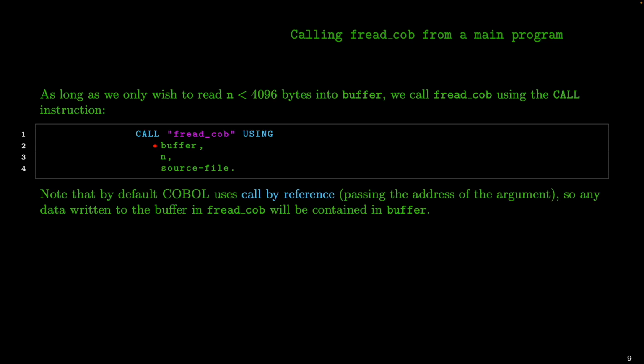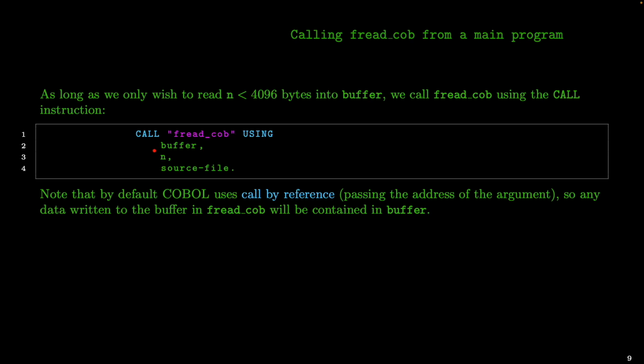COBOL uses call by reference as a default, so we will by default pass the addresses of these arguments to the subprogram. So any changes we make to these arguments will be returned to the main program.